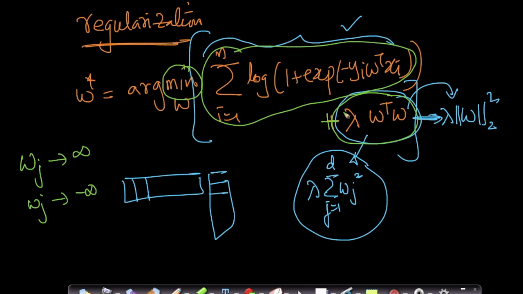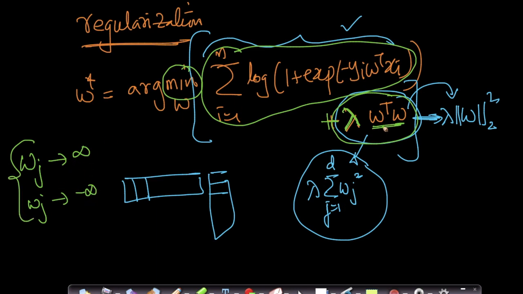So we'll come to lambda in a little while. Let's forget lambda for a while and just look at this term. By adding this term, we avoid Wj's from becoming plus infinity or minus infinity.